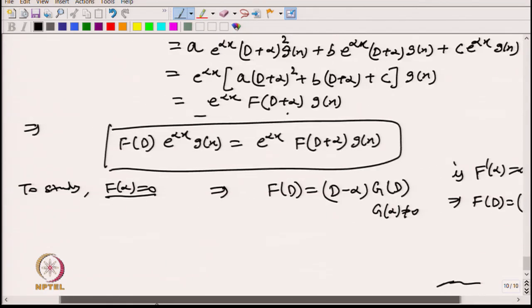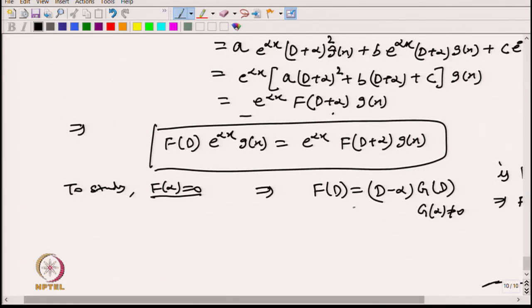So, now if this is happening, then suppose f(D) is equal to this. What is my purpose? I want to find my particular solution, and the particular solution I know is the inverse of f(D) operating on e raised to power alpha x. So, that is my purpose.